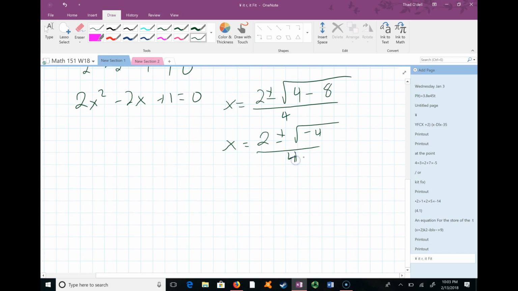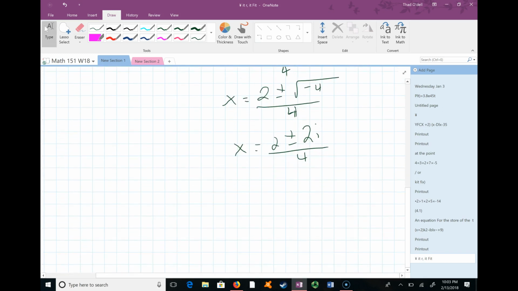And the square root of negative 4 would be 2i. And that can reduce a little bit because I can factor 2 out of the top. Actually maybe what I'll do is just split this up into 2 fractions.